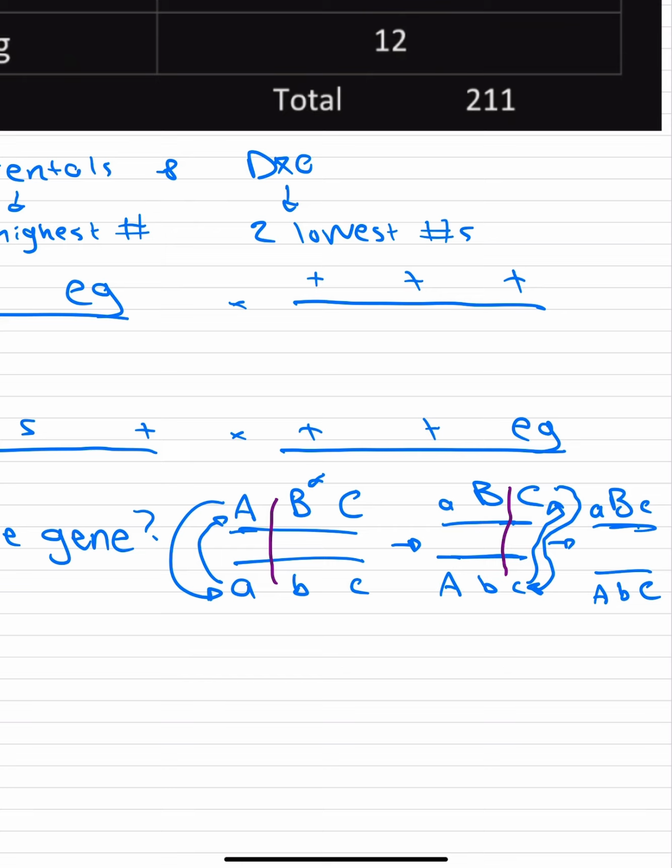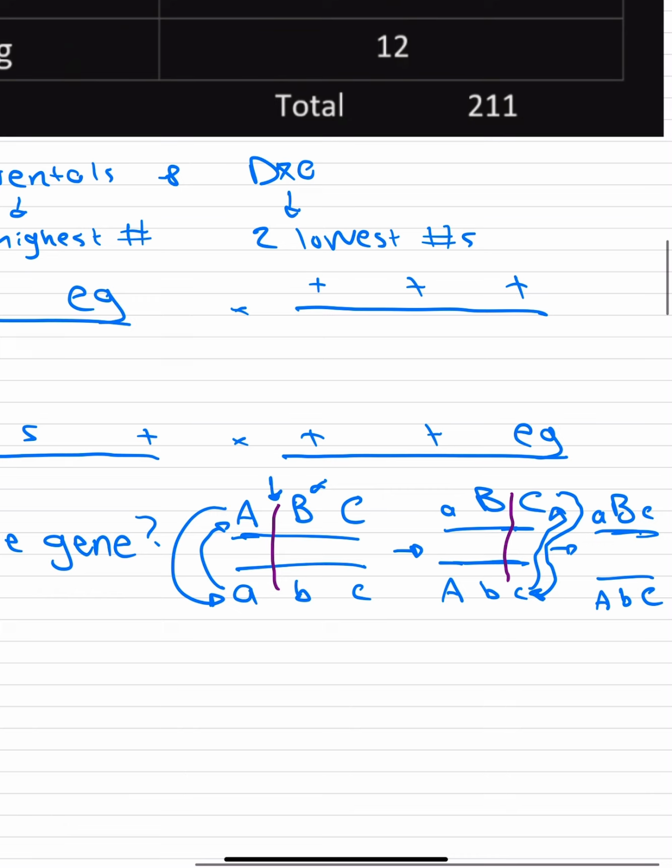So for double crossovers, we want to find the gene in the middle, because that tells us that this gene in the middle is the gene that did not switch, and the two other genes are in fact the genes that did switch, which comes in the name, double crossover. Here we had one crossover, here we had another crossover.